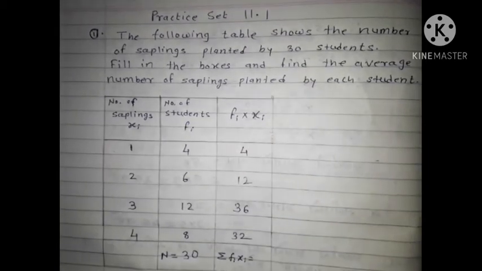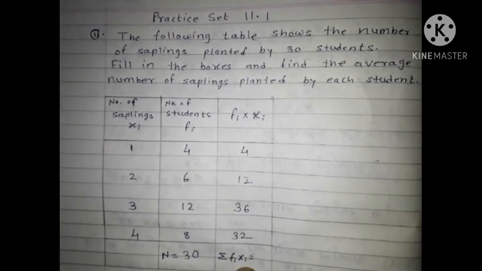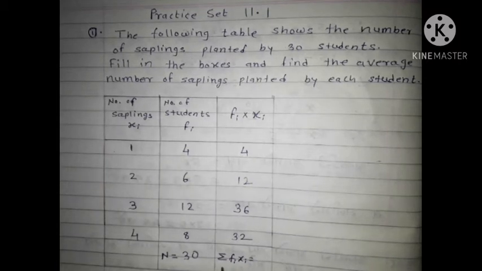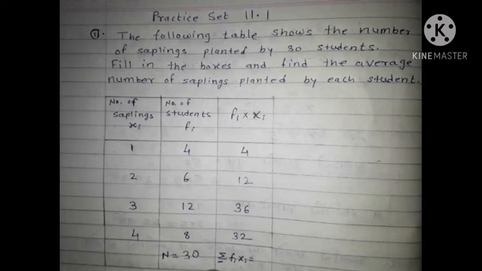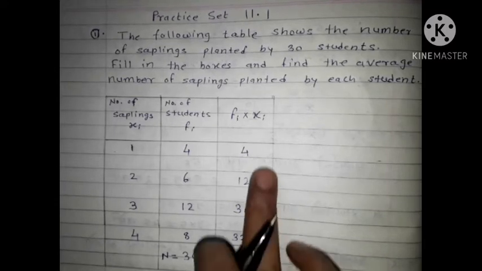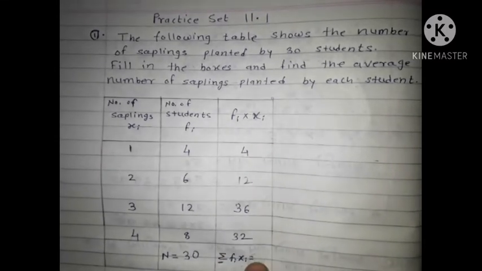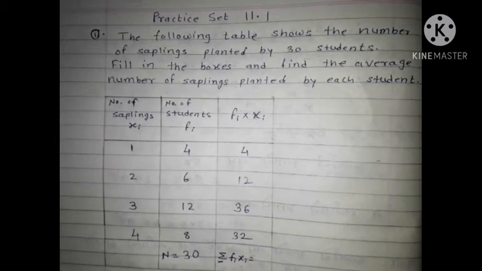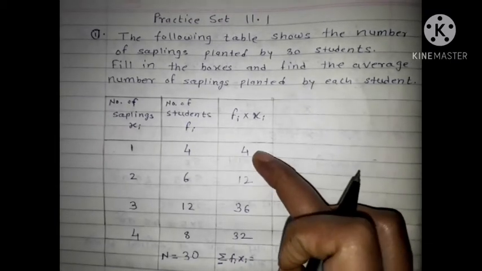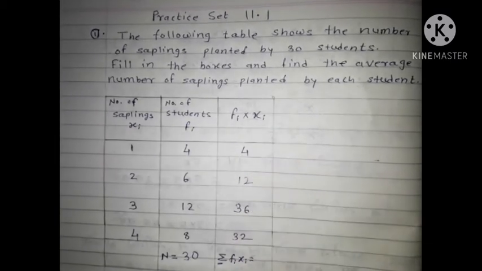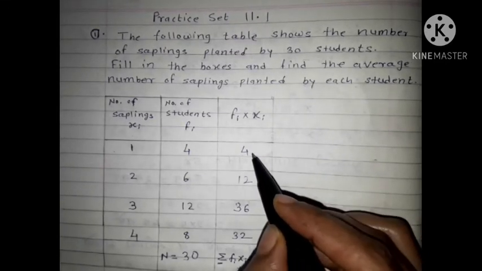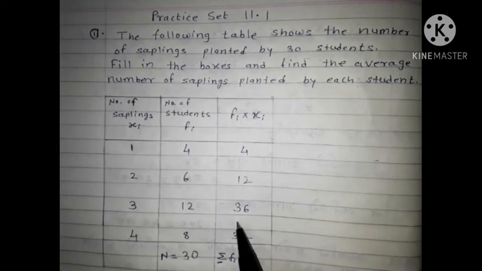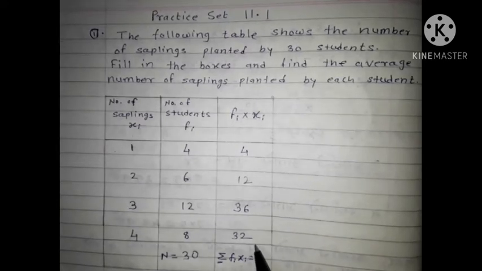And here is summation of fi into xi. This sign is known as sigma, and it is used for the sum of all the fi into xi. Now we have to add fi into xi, that is 4 plus 12 plus 36 plus 32.